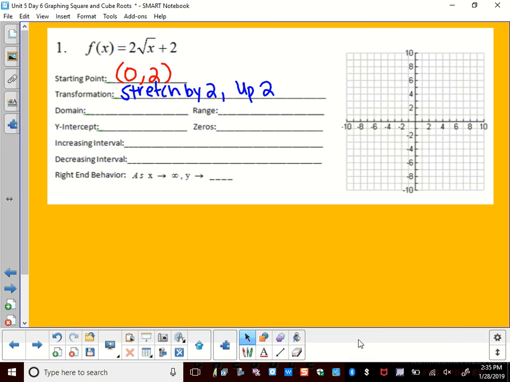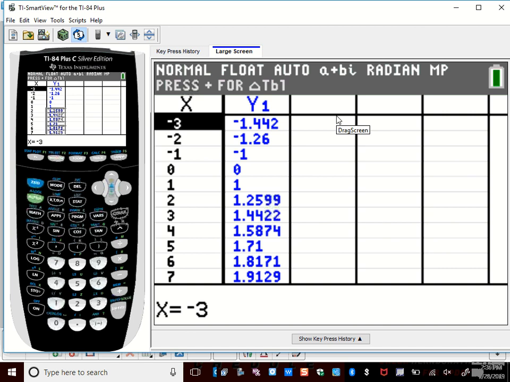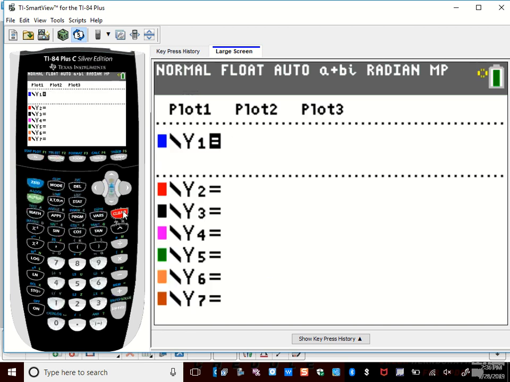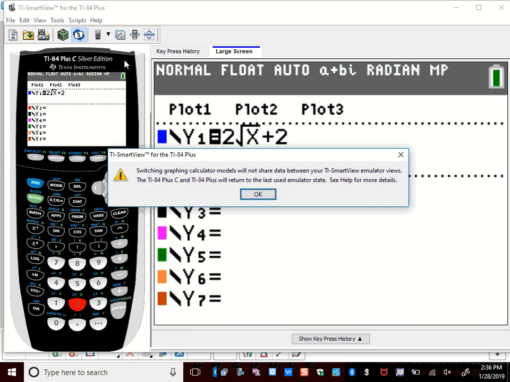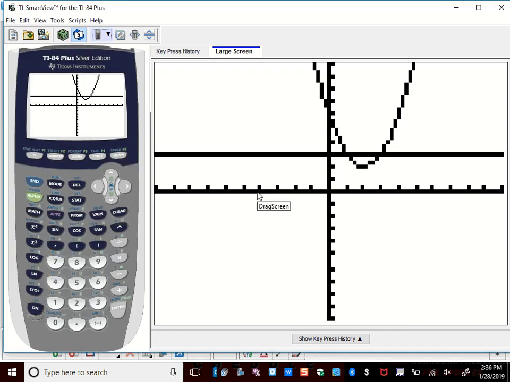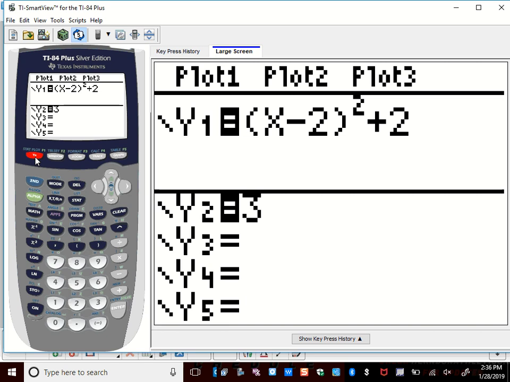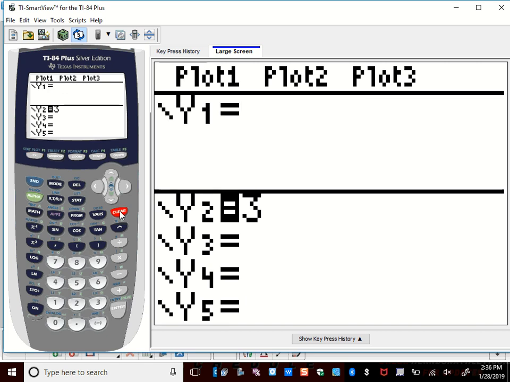So grab your calculators. Let's type this in. So 2 times what? The square root. 2 times the square root of x. On your calculators, you're going to have 2 times the square root of x, right?